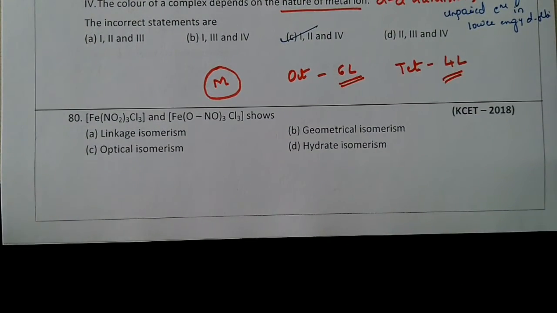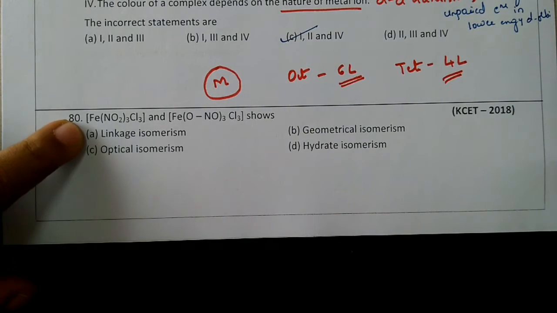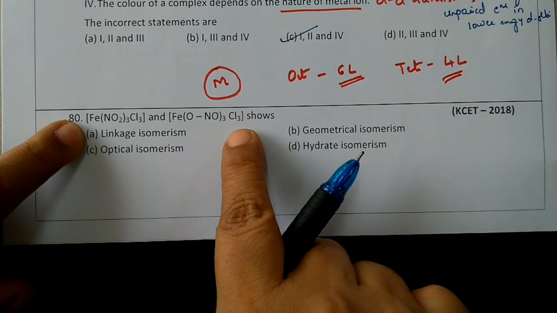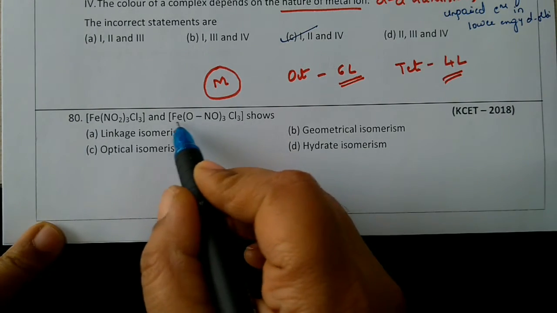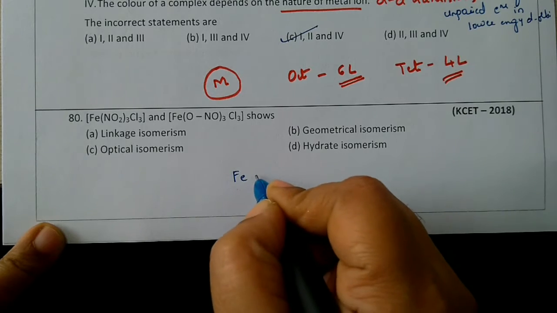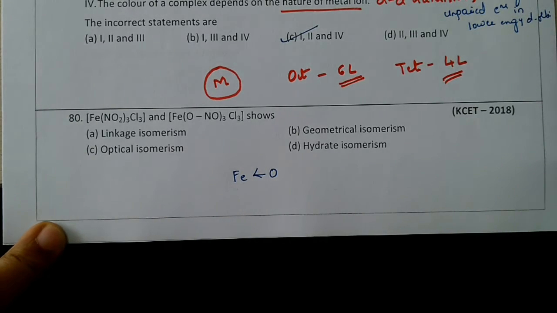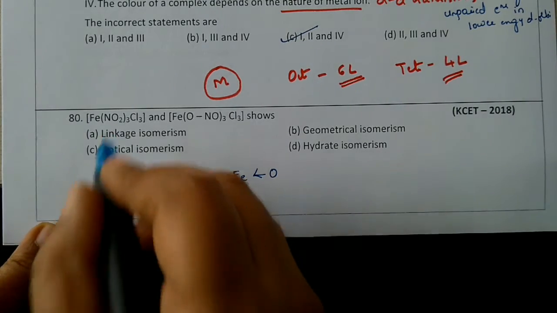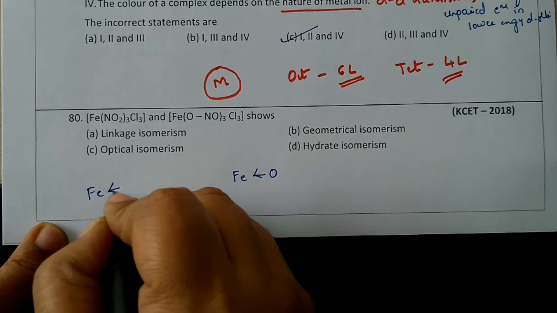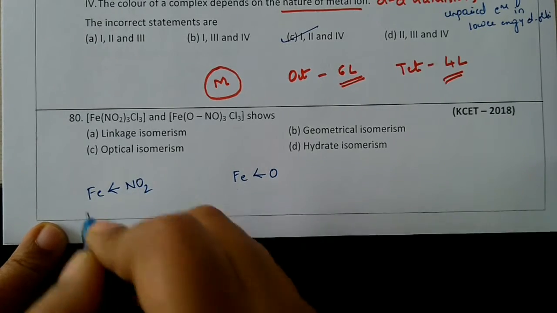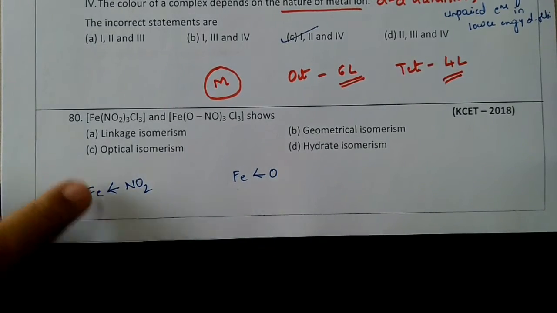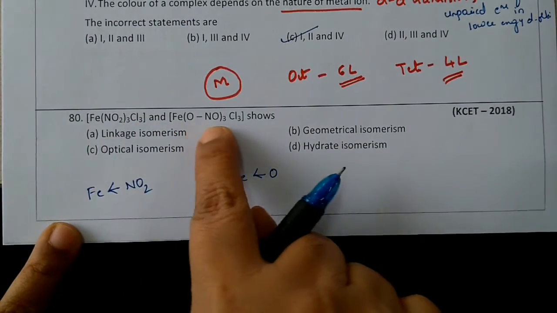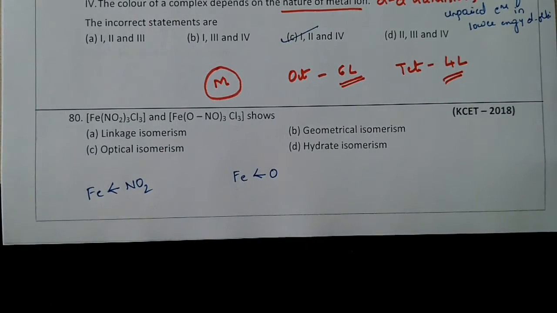Next complex we have is Fe(NO2)3 Cl3 and Fe(ONO)3 Cl3. Here you can observe that in the second complex, iron is ligated with oxygen, so oxygen is donating a pair to the iron. But in the first case, iron is ligated through nitrogen. Same NO2 group in both, but the ligating atoms are different.